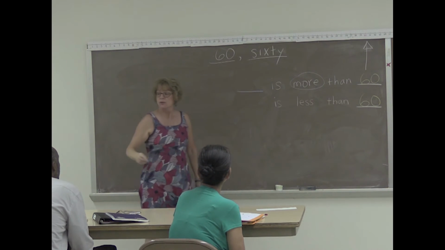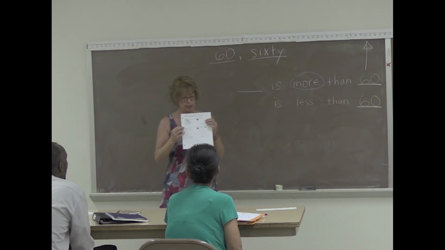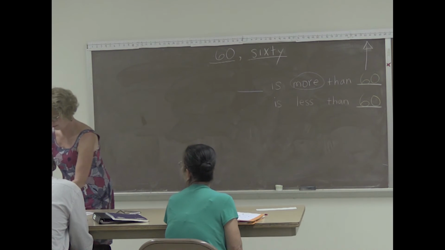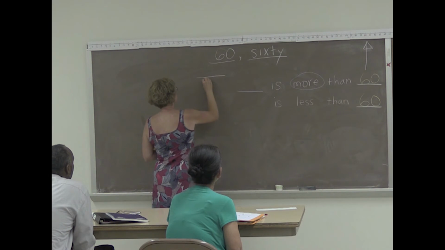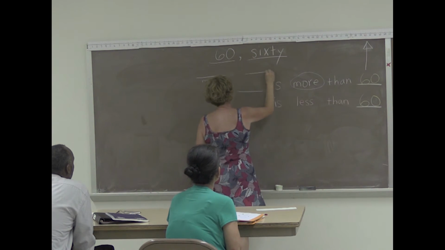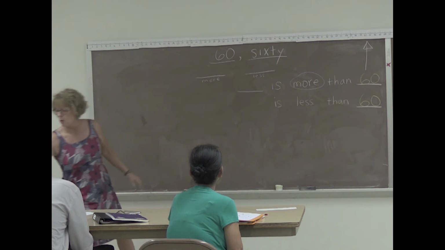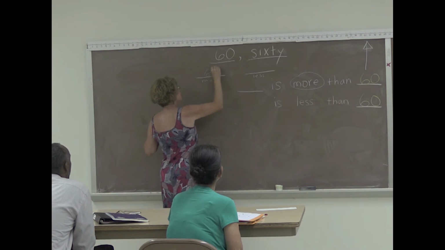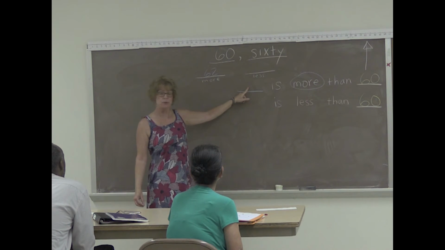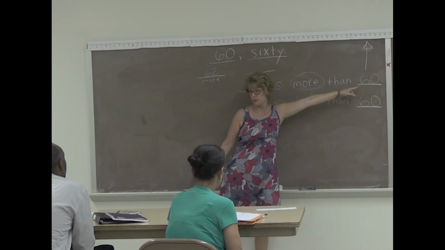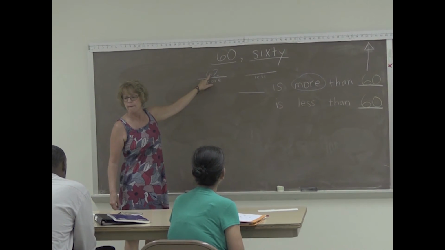62. 65. More. What number did you write that was more? 62? Okay. Then you will write 62 is more than 60. Abdullahi, what number do you have that is more? 62.